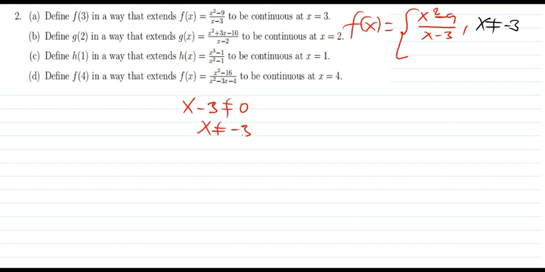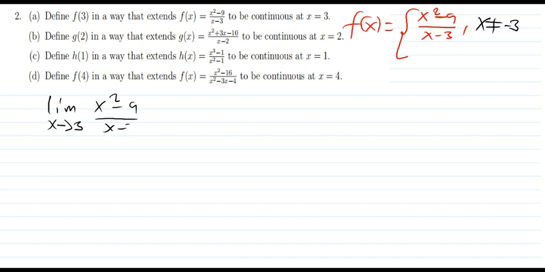Now, I can clearly see I can solve this in such a way that since they are saying that it should be continuous at x is equal to 3, then I need to take the limit. So it's going to be the limit as x approaches 3 of the function x squared minus 9 divided by x minus 3.